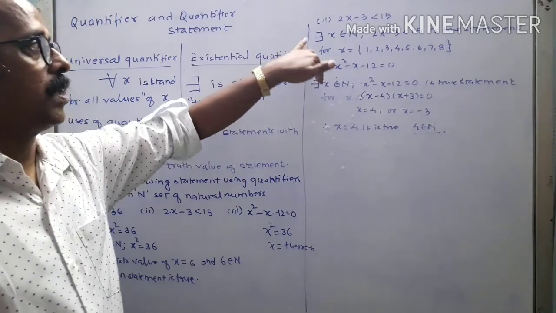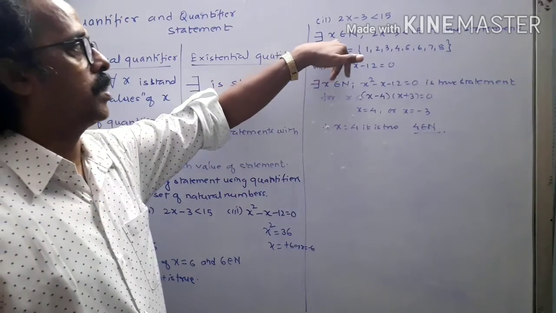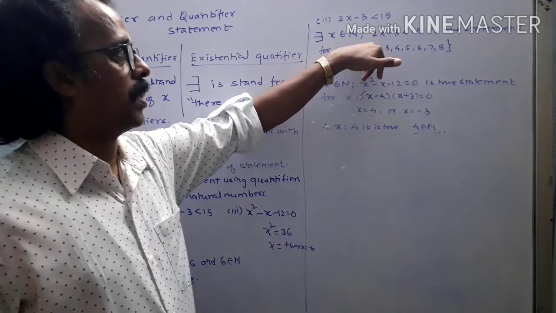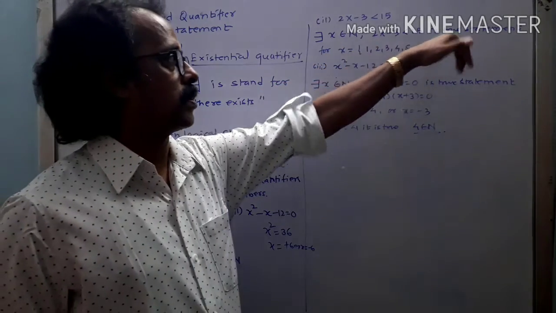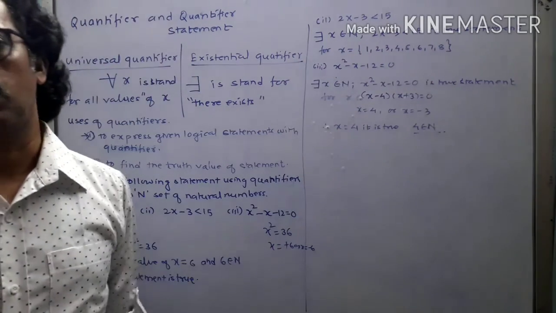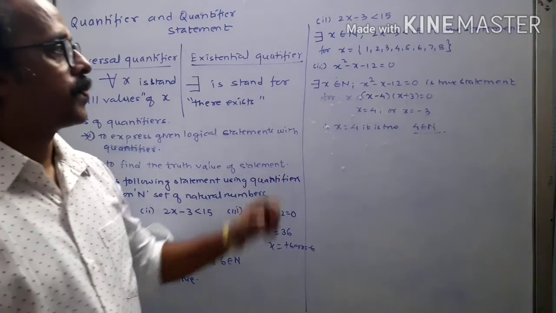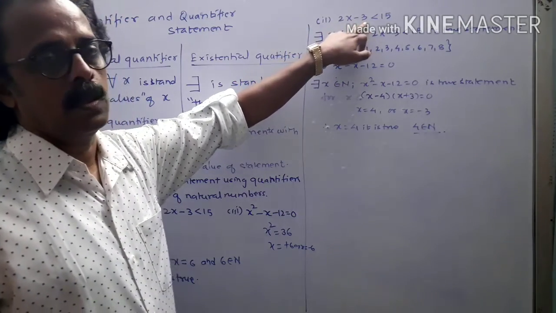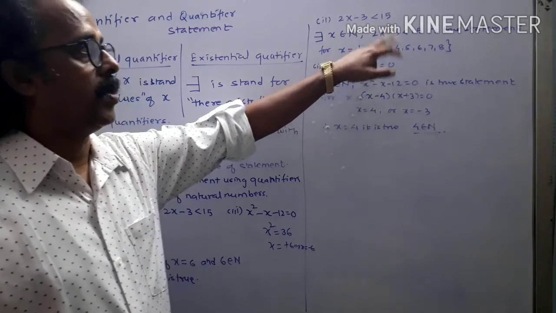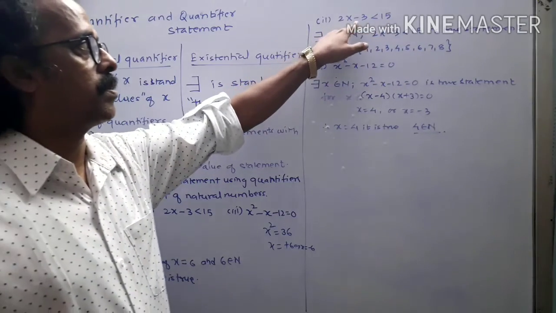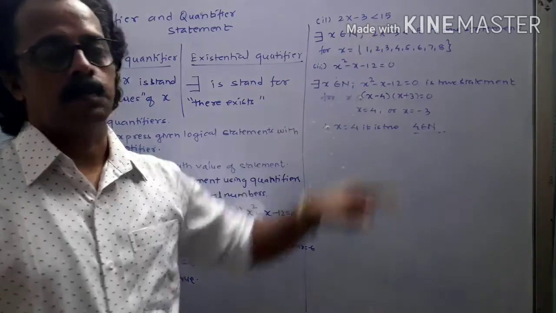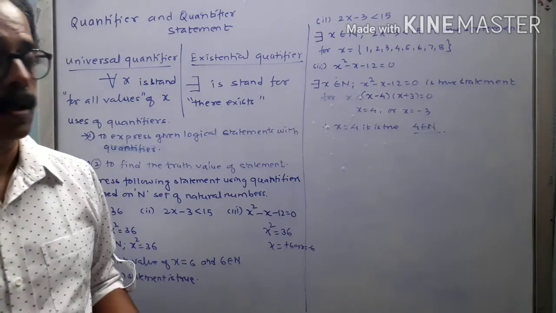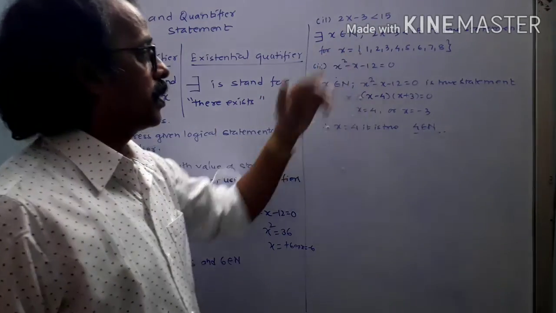So I could write there exists x belongs to N such that 2x minus 3 less than 15, a true statement for x is equal to 1, 2, 3, 4, 5, 6, 7, 8. Now 2 eights are 16 minus 3, that is 13, less than 15. But if you take 9, 2 nines are 18 minus 3, it becomes 15, which is not less than 15 and does not hold, and therefore we can say that the statement is true.